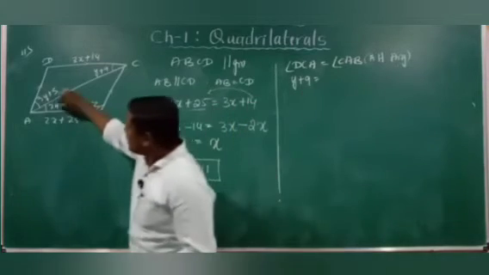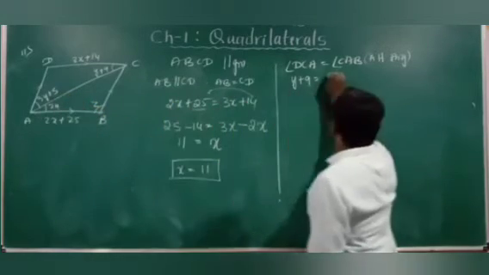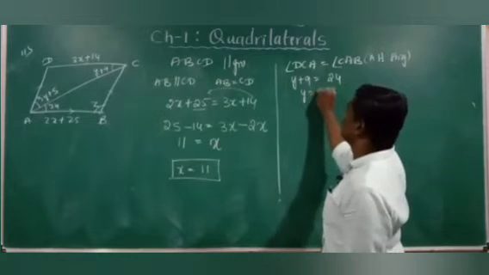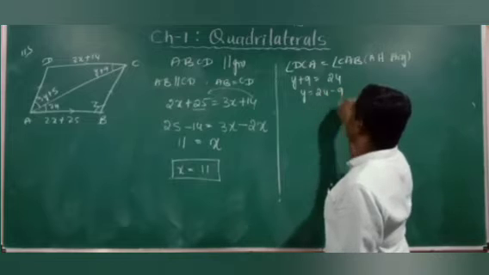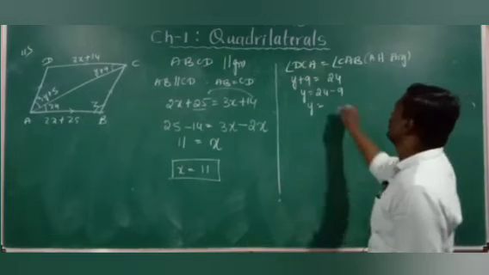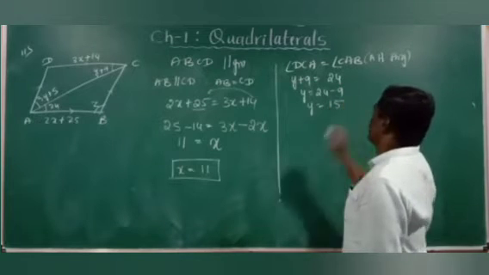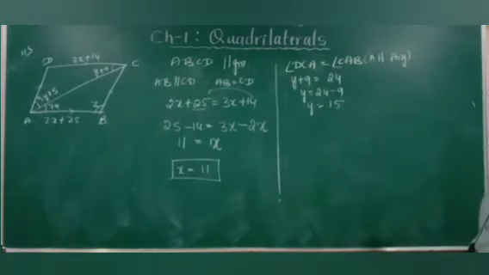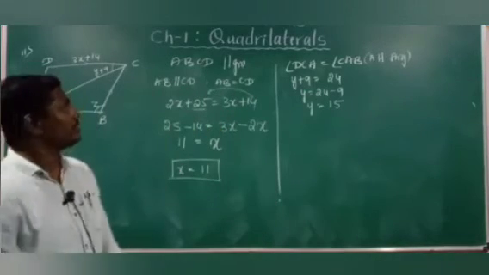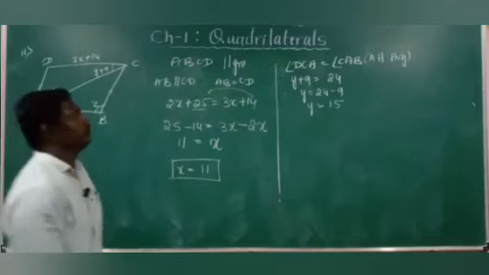Here we are taking this angle only. So this is 24. Therefore y is equal to 24 minus 9, which is 15, right? 24 minus 9 is 15.